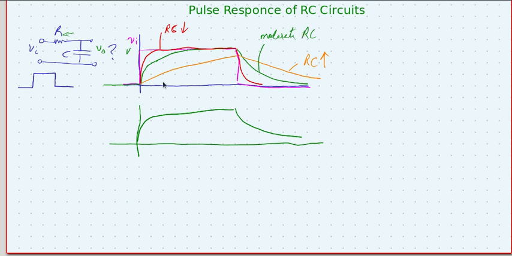So if you carefully look at this, if we give input as a pulse, we are going to get an output which looks like this. So what do you understand from this? So what does it say?